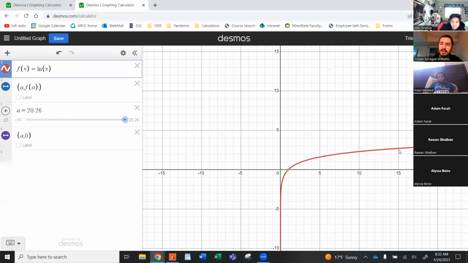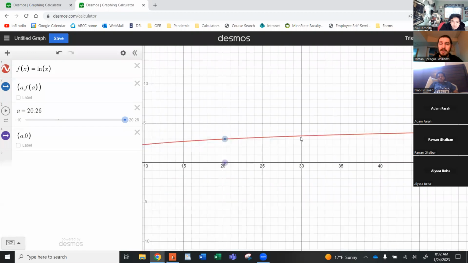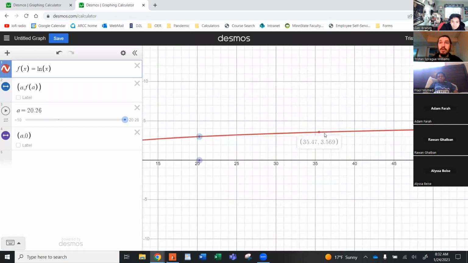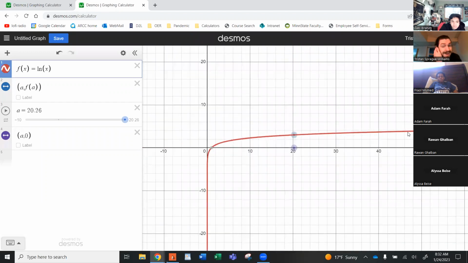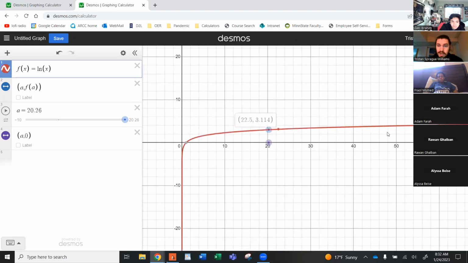This is always increasing, and it increases without boundary. There's no horizontal asymptote on this natural logarithm graph. Logarithm graphs never have horizontal asymptotes. It's hard to tell because it doesn't look like it goes to infinity, but it actually does. It just does it very slowly.